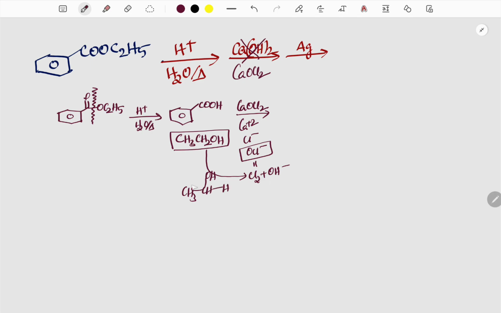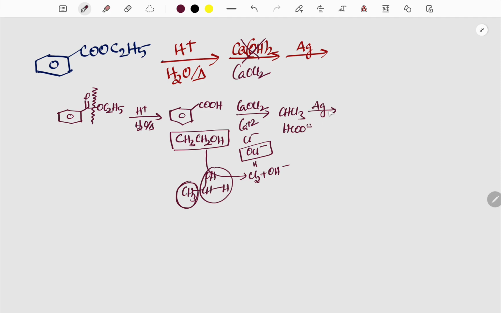When we add Cl2 and OH minus, the CH3 part will be converted to chloroform, and this carbon part will be converted to a carboxylic salt.